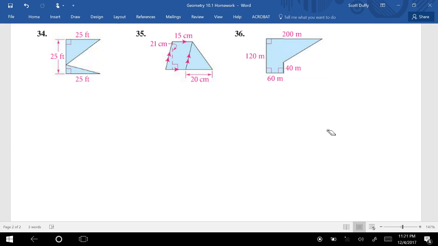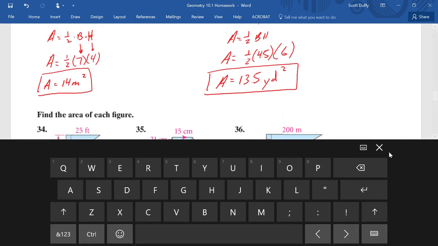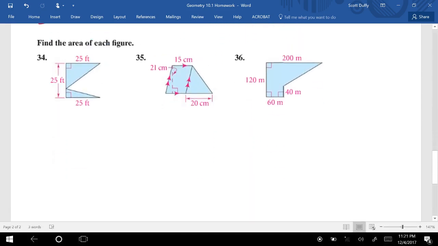Here's what I'm going to say. Now, we know this whole length is 25. I don't know the individual lengths, but let's say that I call this length x.